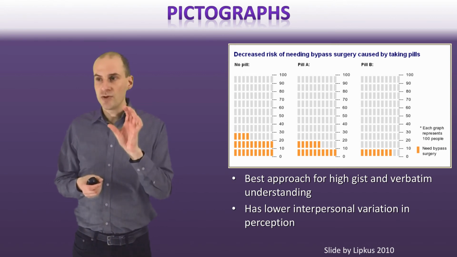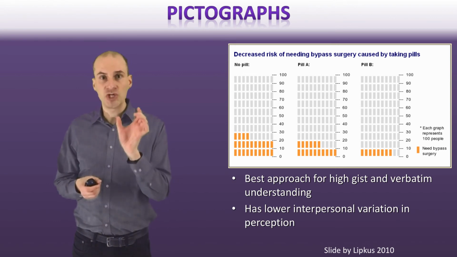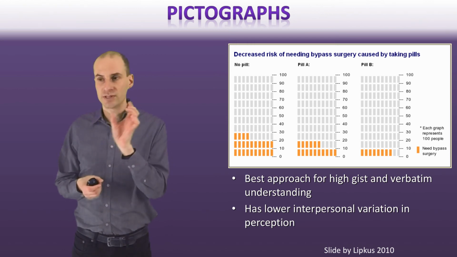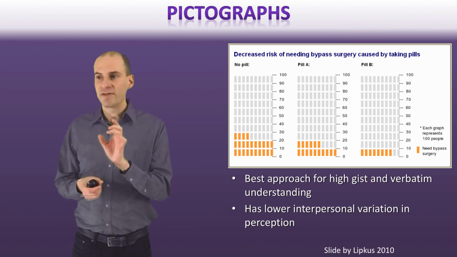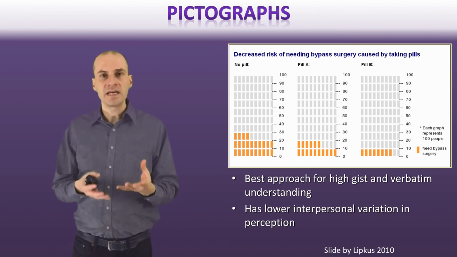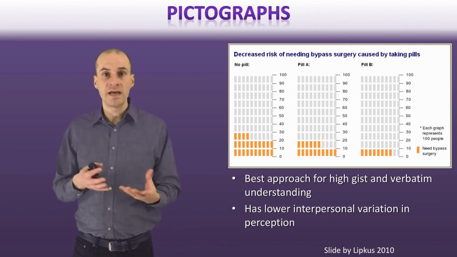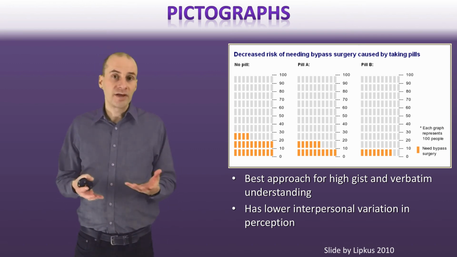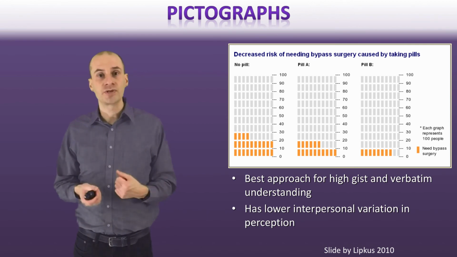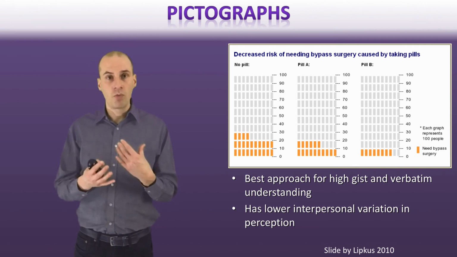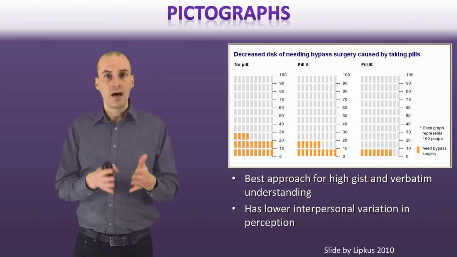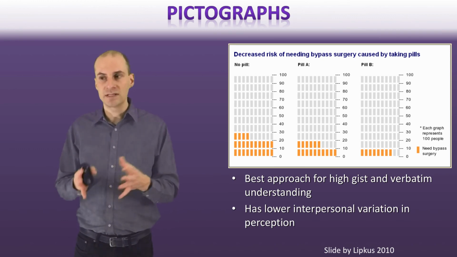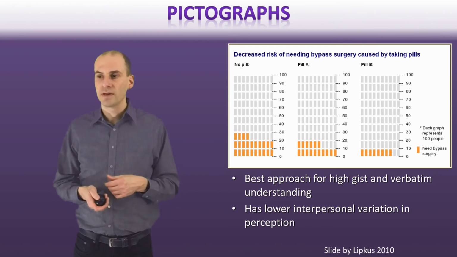And because you have a certain number of people actually shown out in those charts, and you can see how many people in each of those conditions have the disease, you actually get a pretty good idea of what your risk is under those three different options. Also, the other nice thing about this is there's less interpersonal variation. So if you ask multiple people about this, they tend to say the same thing. There tends to be reliability.